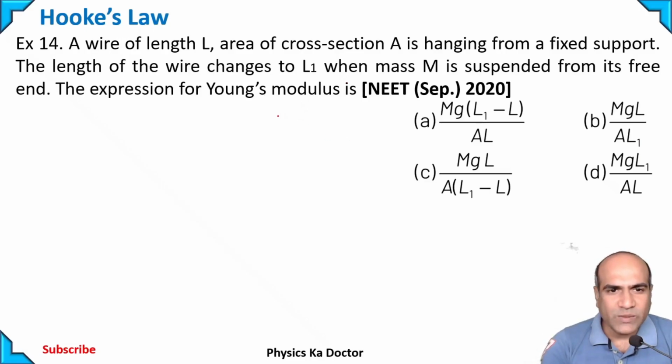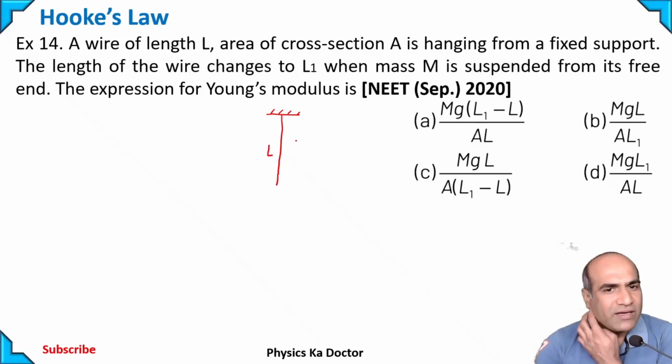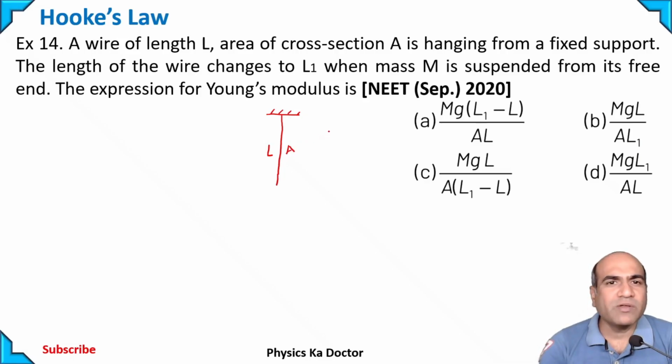So here, what is given? Say for example, this is our top portion from where one wire, assumed to be a straight wire, with length L having cross section area A, is hanging from the fixed support.